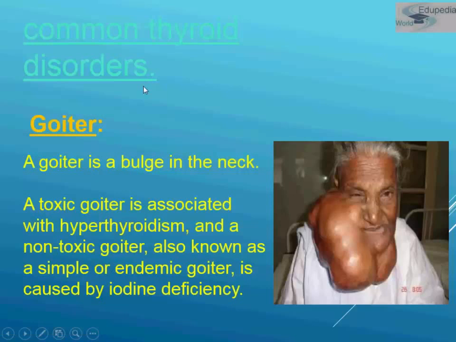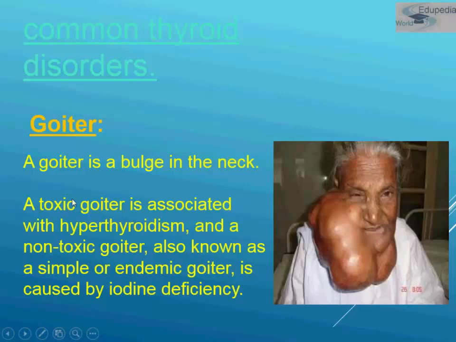Now we'll study the common thyroid disorders. First is goiter. What happens in goiter? See, goiter is a bulge in the neck, and it is caused due to hypothyroidism. That means when there is iodine deficiency in the diet of a human, then this kind of disorder takes place, in which a bulge forms in the neck.